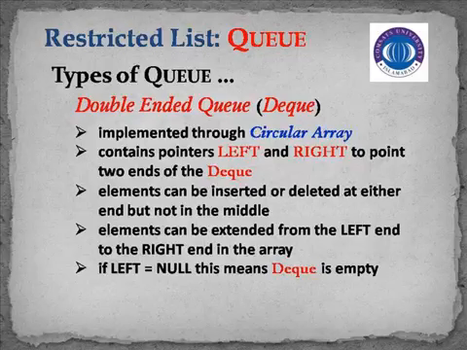The elements can be extended from the left end to the right end in the array implementation of the double-ended queue. If left points to the null value, this means that the Deque is empty.